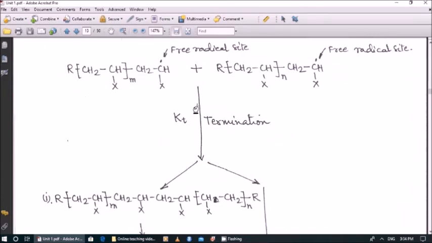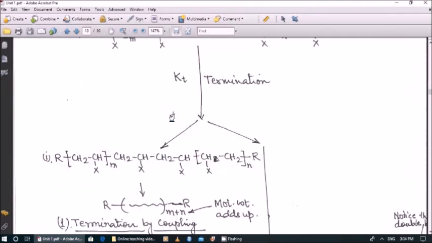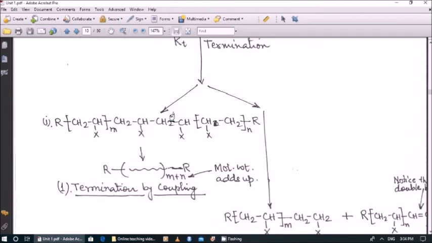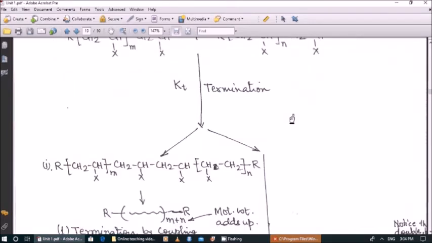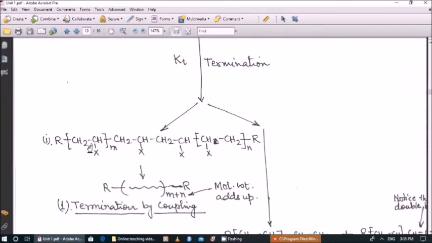So there are two possibilities for termination, and of course the rate constant for termination is written as Kt. What are those two possibilities? Possibility number one: these two chains may combine together to form a much larger polymer chain. Here you can see the first chain with m repeating units getting attached to the second chain with n repeating units.